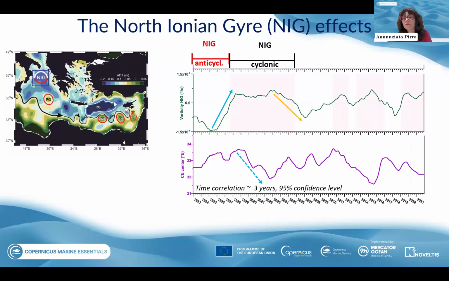And then again, when the vorticity switched from cyclonic to anticyclonic, then the eddy moved in the opposite direction. And again in 20 years, and everything has an effect after 3 years. So whatever happens to the North Ionian gyre, its vorticity, the way of its spinning, regulates the flux through the mid-Mediterranean jet, which generates these waves and this eddy.